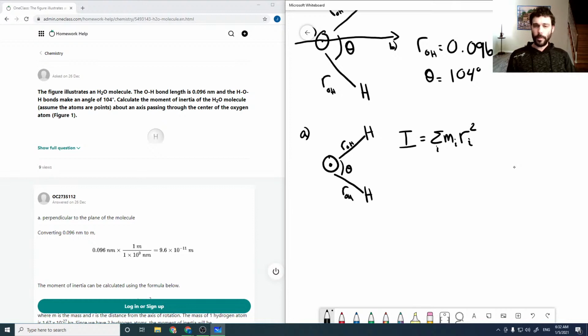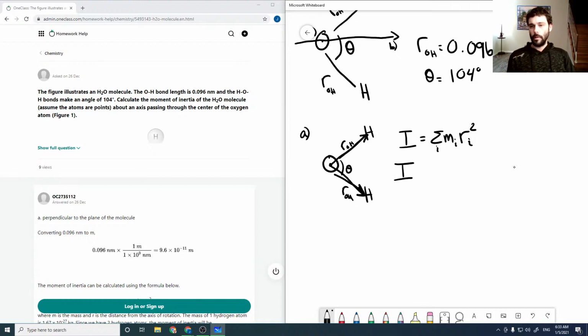So for an axis which passes through the oxygen atom and is perpendicular to the molecule, so it's going into the page or out of the page, it doesn't matter, from this little dot. And so we can see that the R for the hydrogens is just going to be equal to ROH, and the R for the oxygen is just going to be 0.